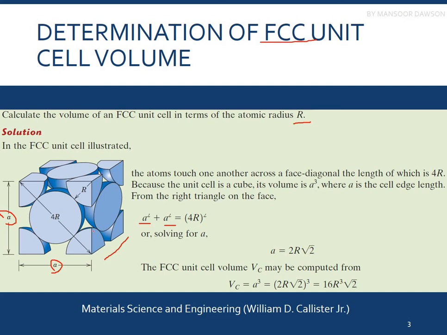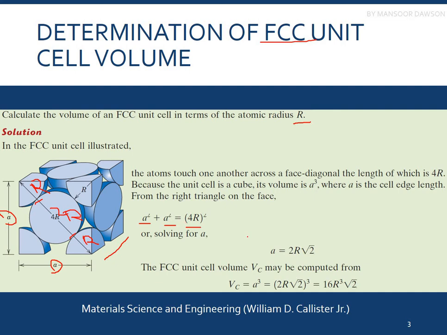So how is this 4r? We know that this atom's radius is r, and this is the diameter of the atom. So in totality it is 4r.